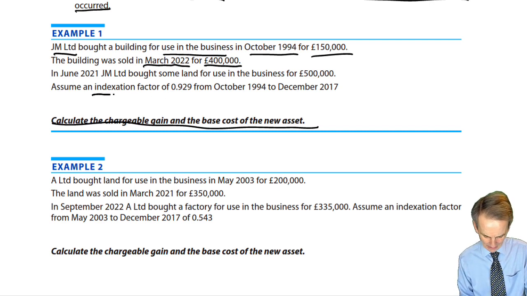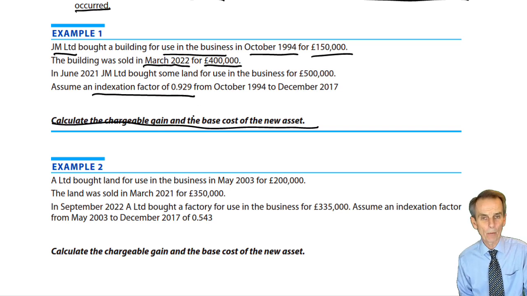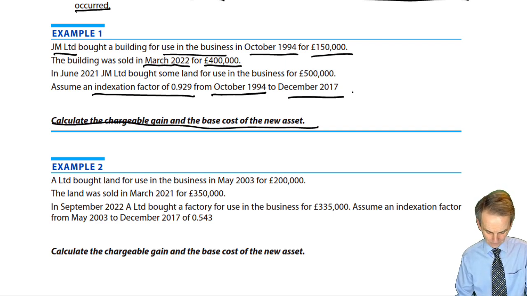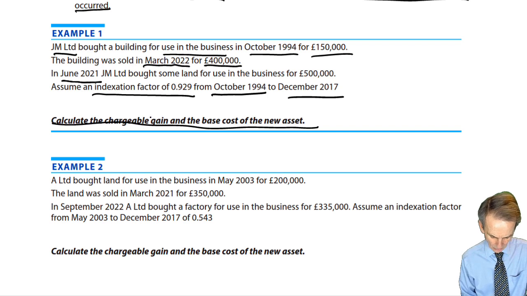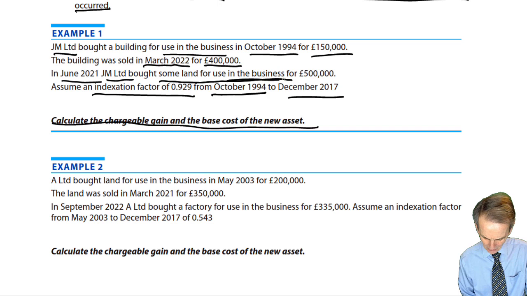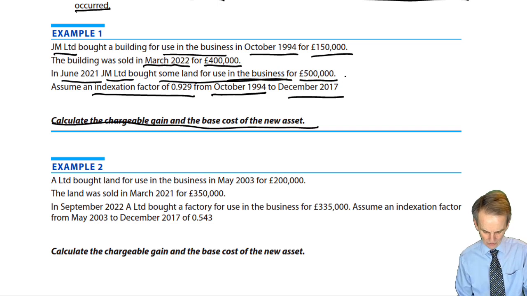We have here a given indexation factor of 0.929, that was from October 94 through to December 17, as far as we can go. In June 2021, the company bought some land for use in the business for £500,000 there.